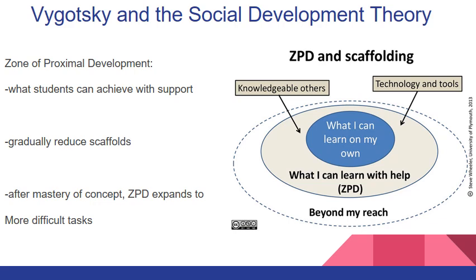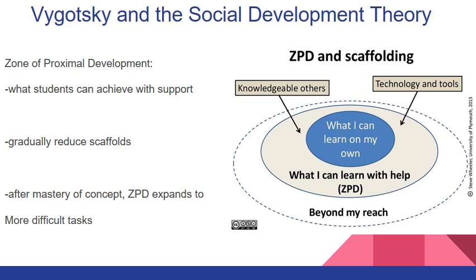It could also include support from technology and tools, such as base 10 blocks to understand numeracy or a dictionary, like I had mentioned before. Once again, that zone of proximal development gradually expands so that the student needs less and less scaffolds over time, and they start being able to do it on their own.